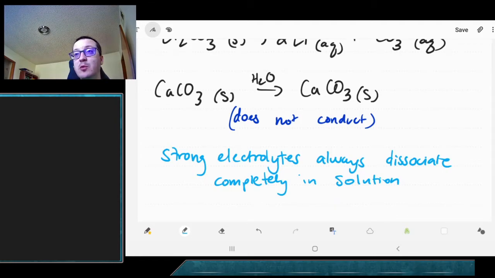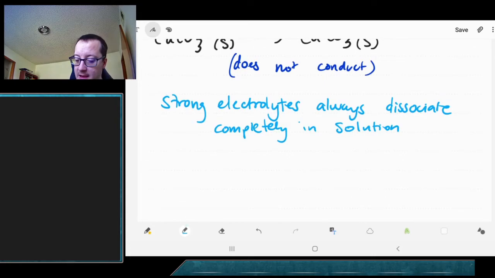And so we do see that those will conduct electricity as a result. All right, any questions on that? Strong electrolytes. So again, these are ionic compounds that are soluble.